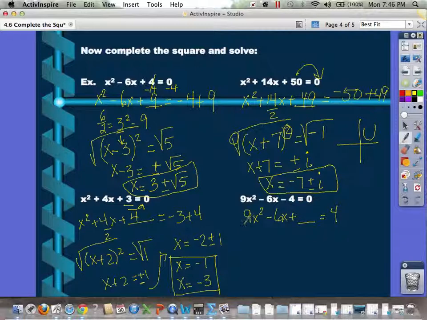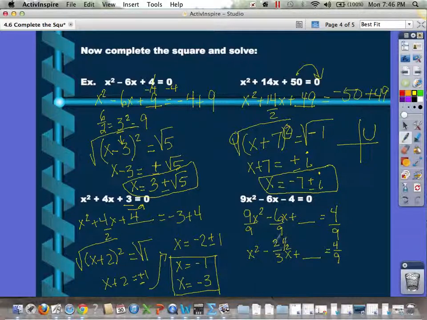Now, I have to divide everything by 9. So that leaves me with x squared minus 2/3 when you simplify it, plus blank equals 4/9, which doesn't simplify. Now, we have to then continue completing the square. We have to take this fraction and divide it by 2 or multiply by 1/2.